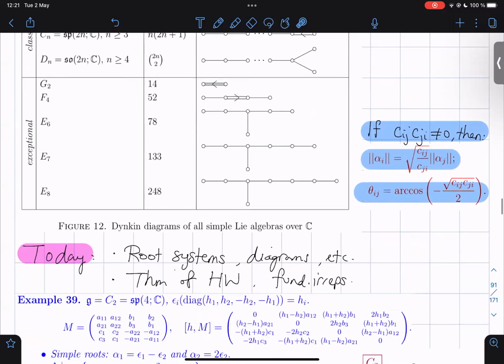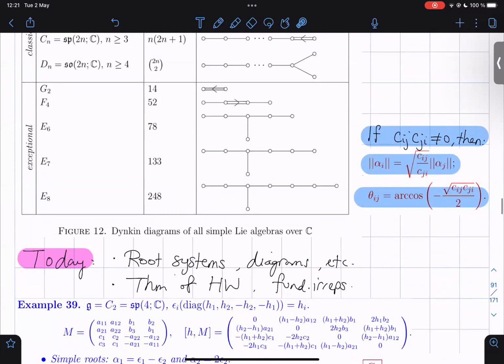Today I want to go into some more details about root systems in general, and then a little bit more about their diagrams, throw some nice pictures at you, and then in the last hour, talk about the theorem of highest weight. It's really just the same statement that we did for the SL3 case.